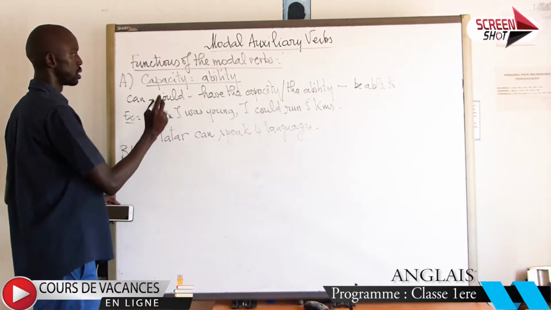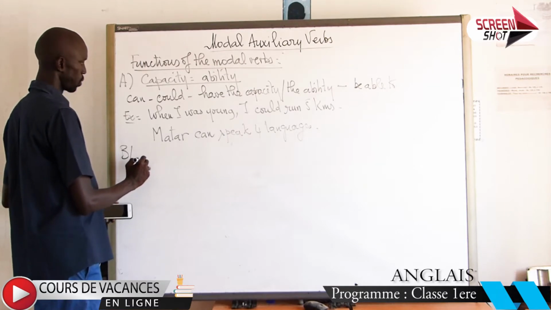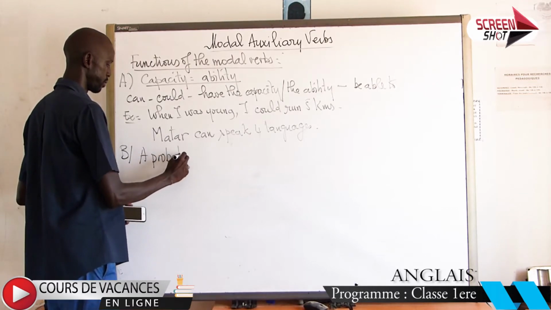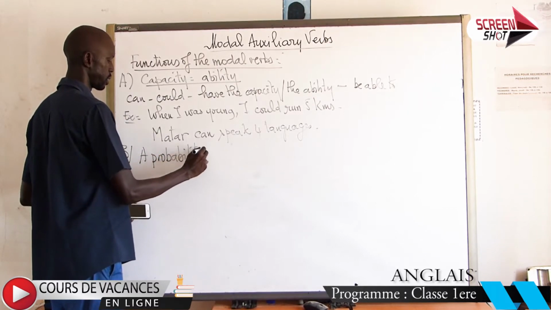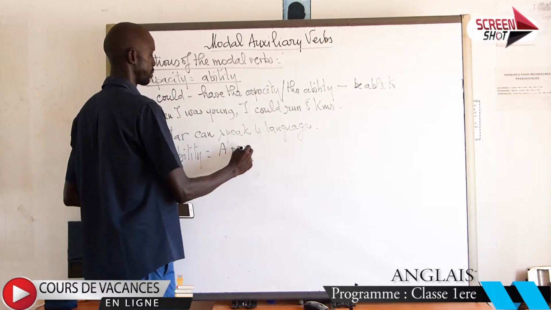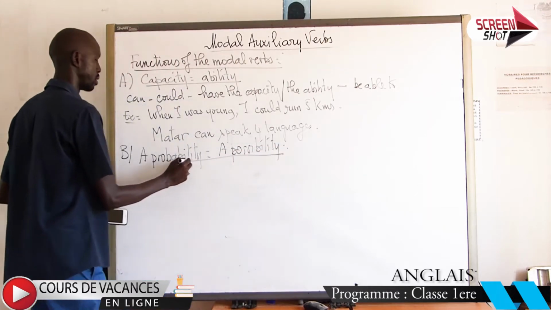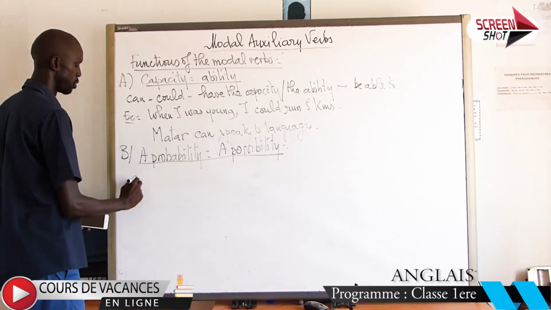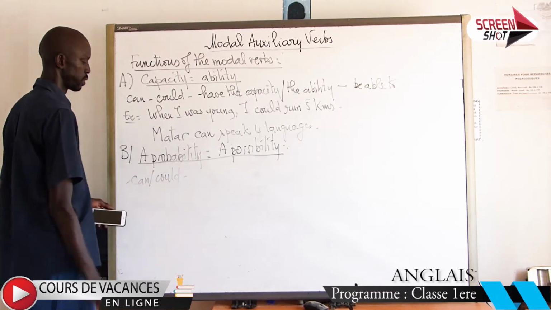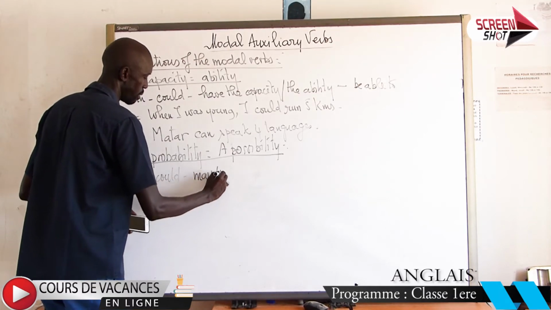We can use also the modal auxiliary verb to talk about what we call a probability, a probability or a possibility. It means that we have the modal can or could or may or might.